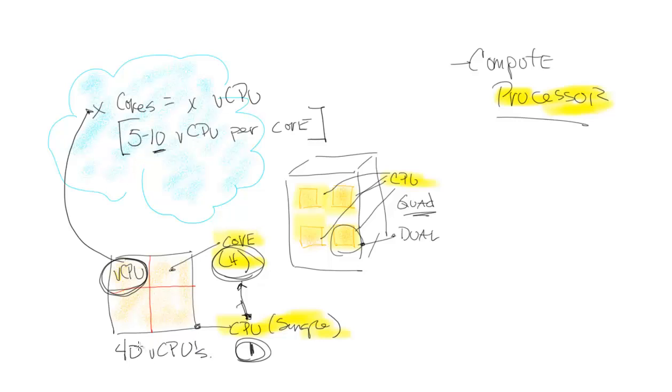So we're still going to have to assign RAM. Usually the limiting factor is not necessarily the number of virtual CPUs per core, for example 10.